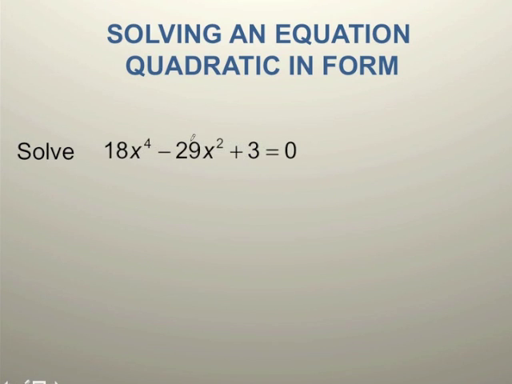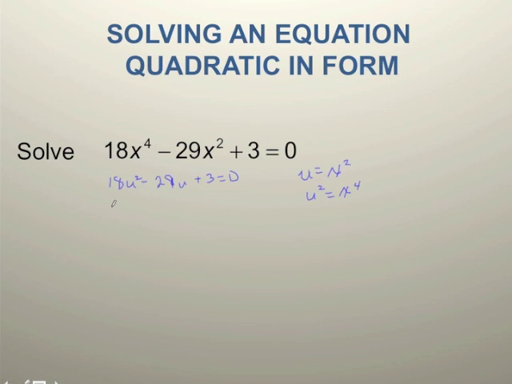Trying another equation. We've got x to the fourth and x squared. Let's do that same thing again. So we'll get u equals x squared, so that means u squared equals x to the fourth. So I'll have 18u squared minus 29u plus 3 equals 0.